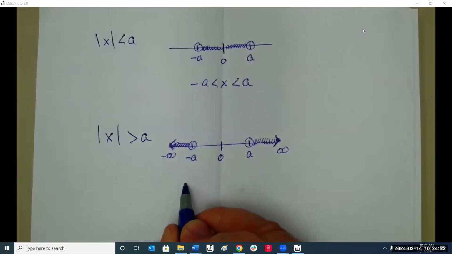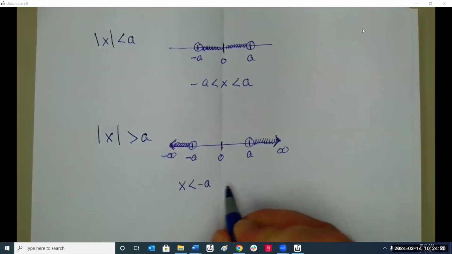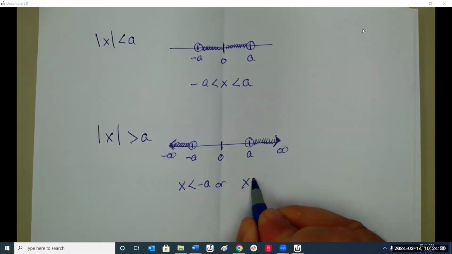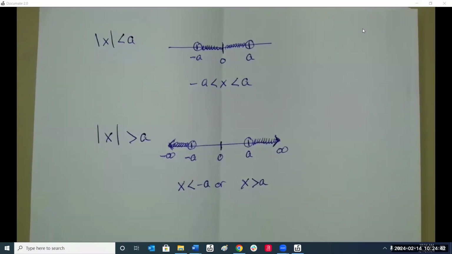So x is less than negative a, or x is greater than a. And that's all there is with absolute values.